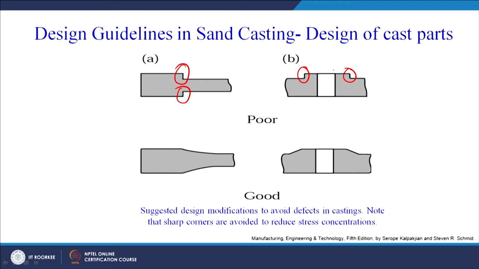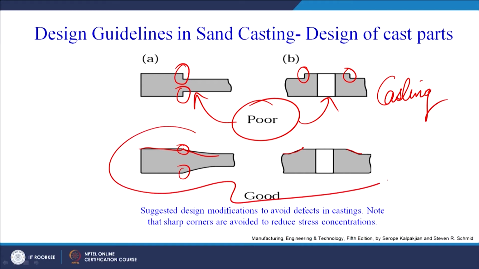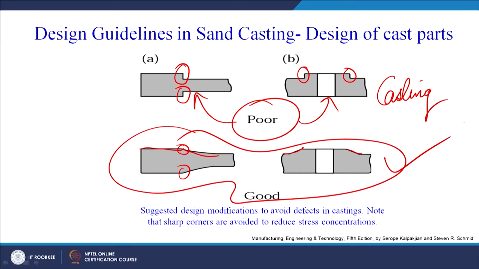So what can be done? If it is possible, then you can give a fillet here, and here also, instead of a sharp transition we can have a gradual transition. So both of these are poor product designs from the casting point of view, and both of these are good designs from the casting point of view.